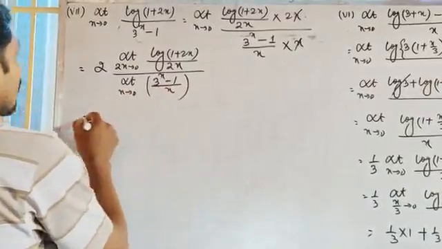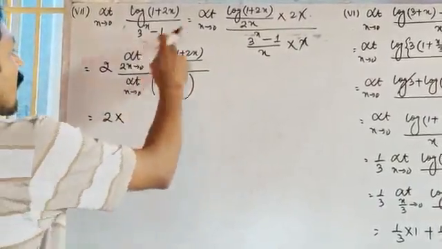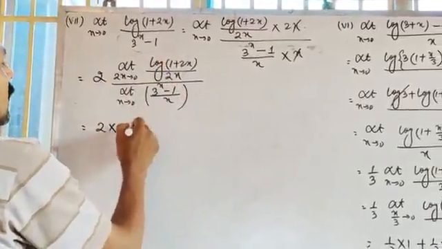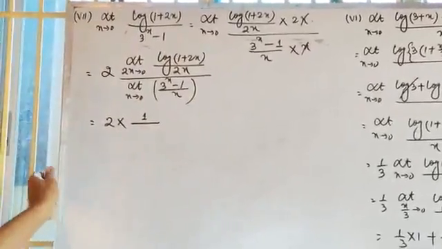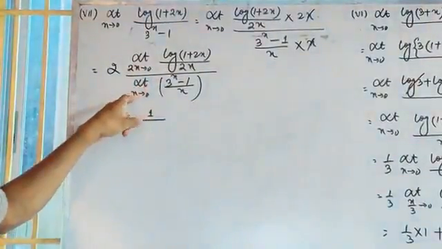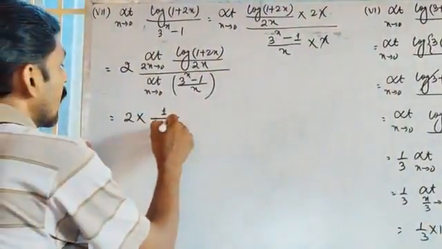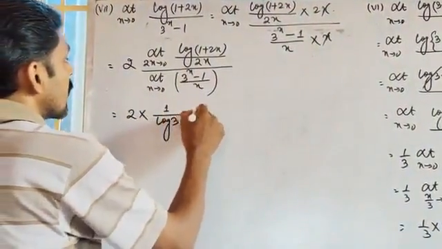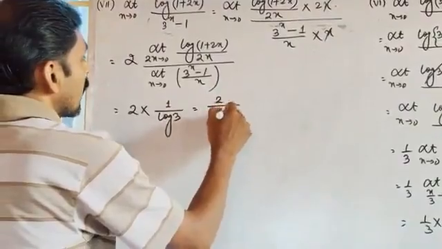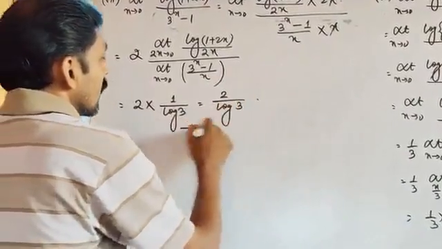So this is equal to 2 into, now what is the value of this? It is 1, and the denominator is of the form limit of a to the power x minus 1 by x, that is log a, which is log 3. So this is 2 by log 3.